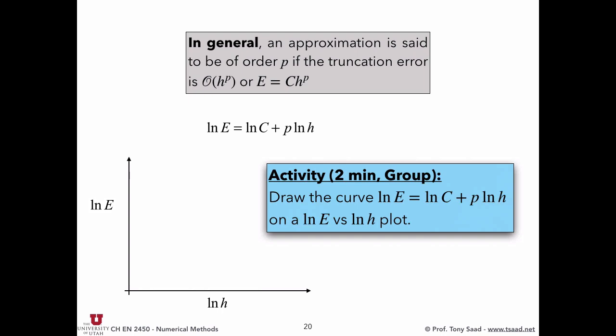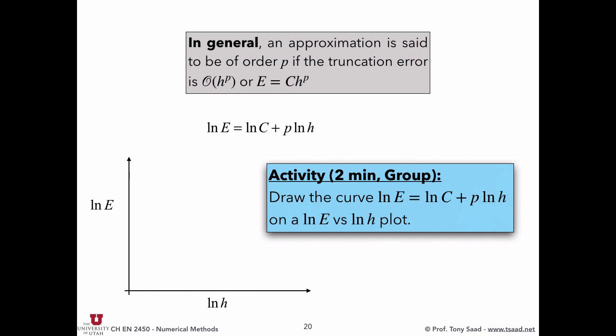All right. Okay, time. Let's see. Who thinks it's a who? Okay, I got a few schools of thought in the class. We're looking at log E equal log C plus P log H, and we're plotting log E versus log H. So I've seen such curves, something like this, something like that, and something like this.